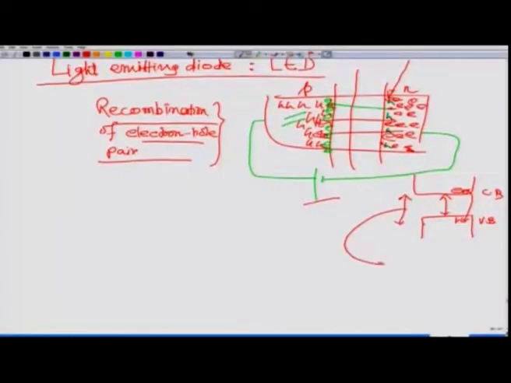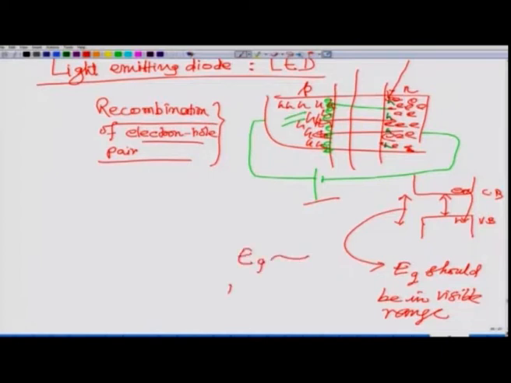The basic thing is this gap, this Eg, should be in the visible range, in that range of 1.8 eV, 3.2 or 3.4 eV.